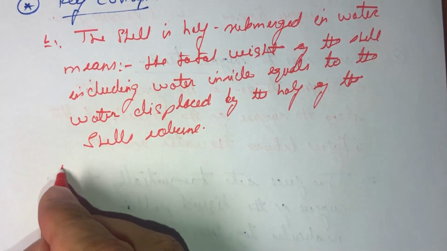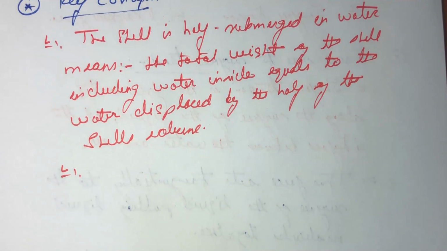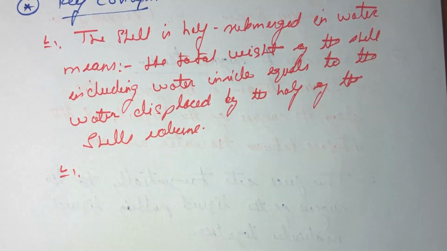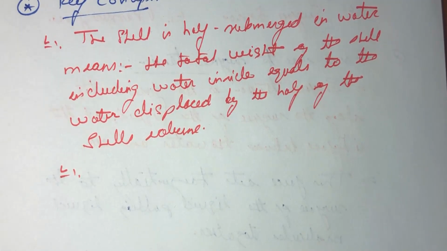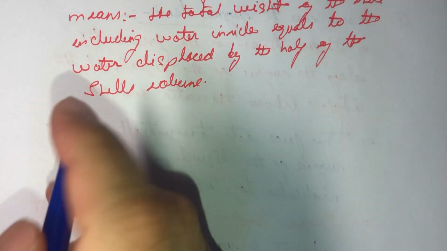So this is the first key concept, and the second one is rather an important one, and that is the relative density, which is given to us, rho c.